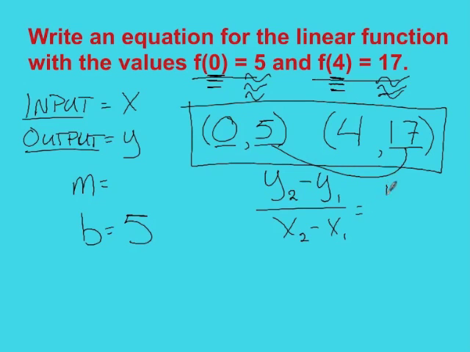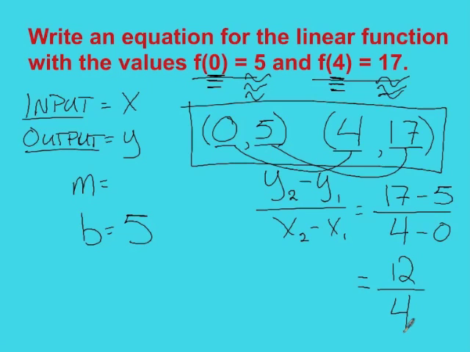So I'll have 17 minus 5 over my x2 minus x1, 4 minus 0. Simplify that out. 17 minus 5 is 12. 4 minus 0 is 4. So that means my slope is 12 over 4.